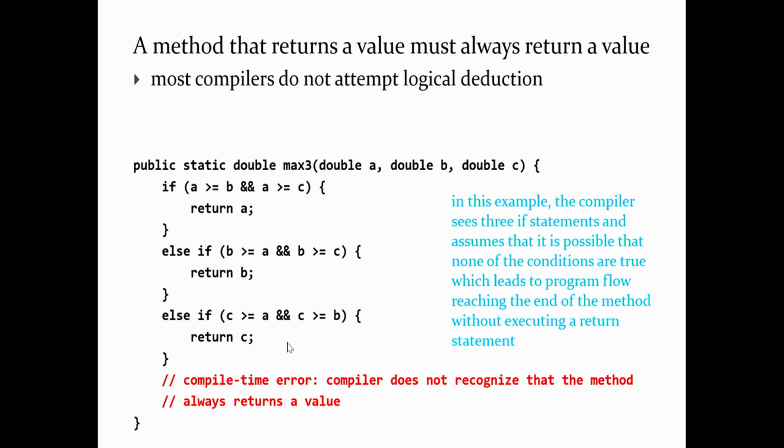So your compiler doesn't try to do any logical deduction. It's dumb. It just says, oh, there's an if statement here. It's possible that none of the conditions are true, so there has to be a return statement here. So don't write code like this. If you, in fact, have conditions that are complete, that last condition should not be there.